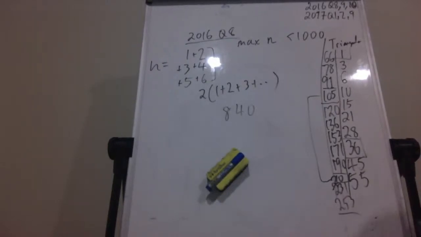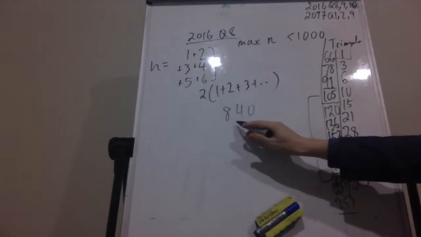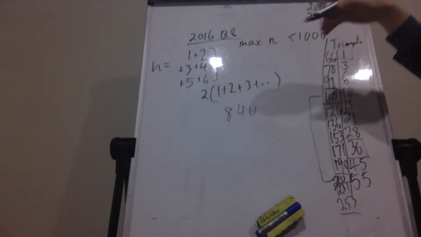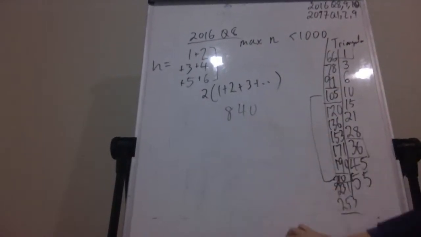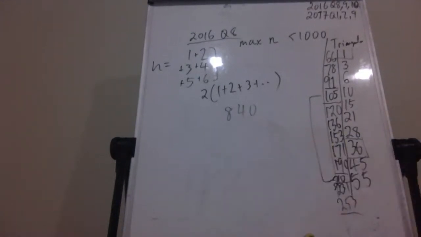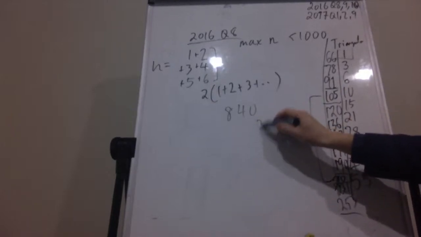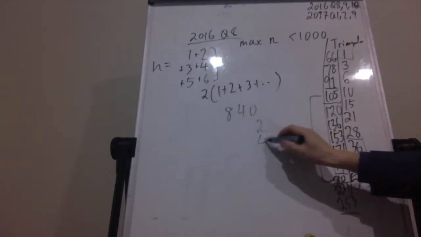And then if you were really worried, you could explicitly see how they're sharing. So if it was 840, you just see which triangle number that is. For example, 210 is the 20th triangle number. So for 840, we find the closest triangle number less than 840.